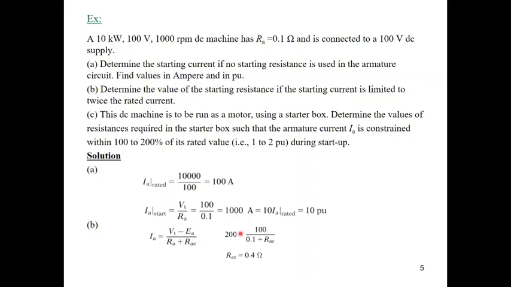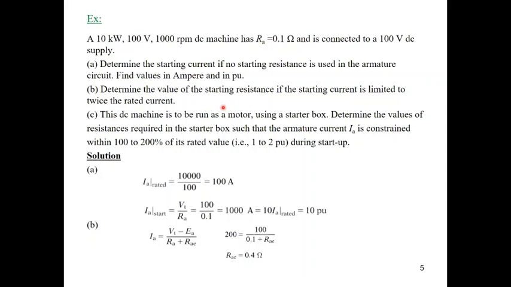The current is 200, the voltage is 100, and this is the armature resistance, and this is the required rheostat resistance. So we get the value of the rheostat in ohms. We need 0.4 ohms in addition to the 0.1 ohm in order to limit the current to twice the rated current.